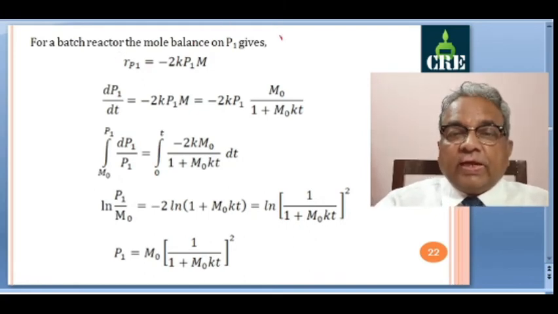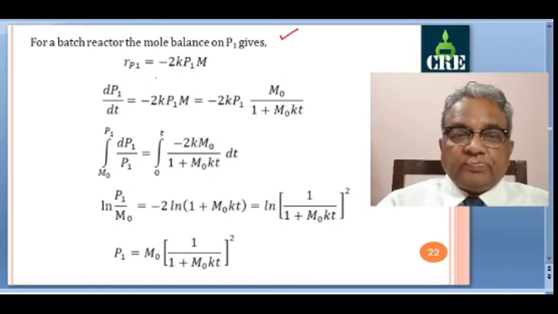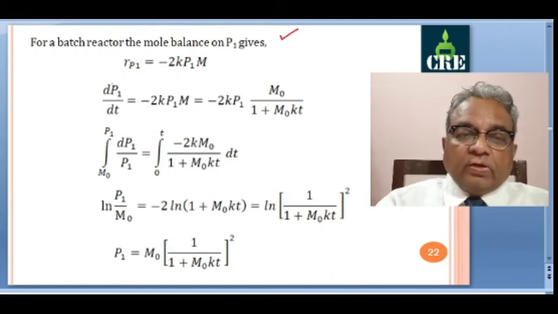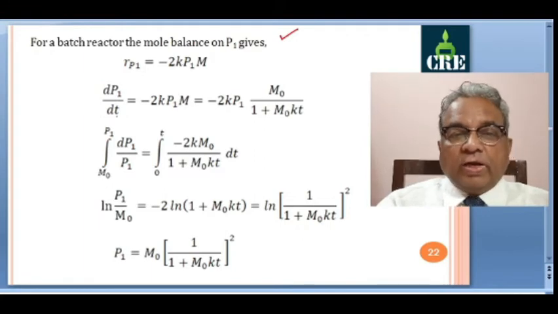a batch reactor, the polymerization, the mole balance on P1. So Rp1 is minus 2k P1 m. This we can solve easily. So Rp1 is nothing but the rate of formation of P1, which we write as dP1 by dt. We know minus Ra is minus dCA by dt.